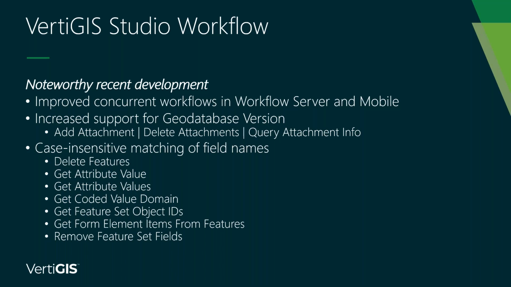And so this was causing some people to struggle building workflows that would work across these platforms. And so we have tidied that up, and you can see a list there of the activities that potentially had problems before with case sensitivity that no longer do. So the main use case here is attribute field name. So those are some recent developments in workflow.